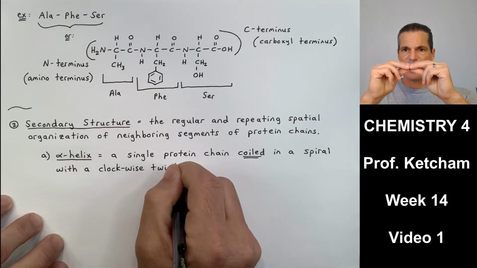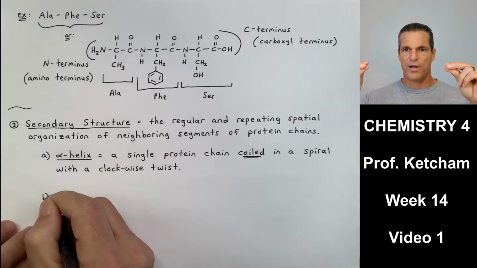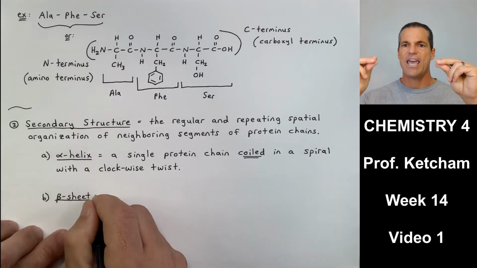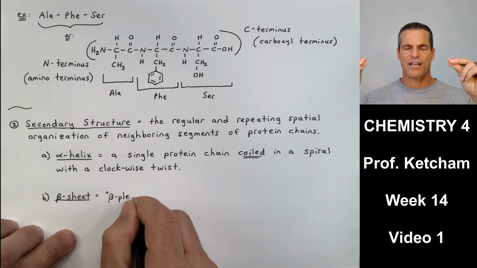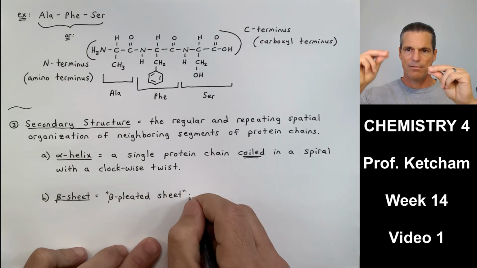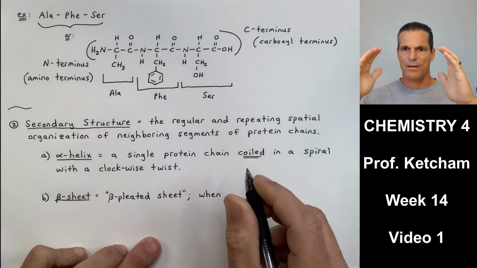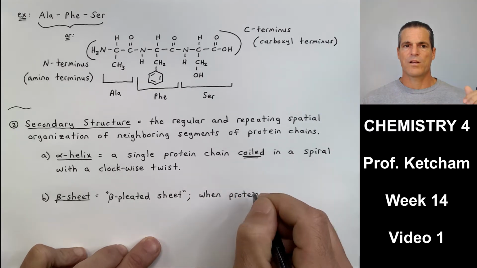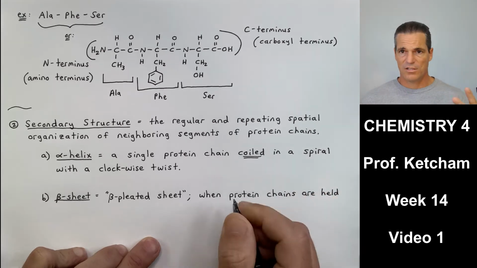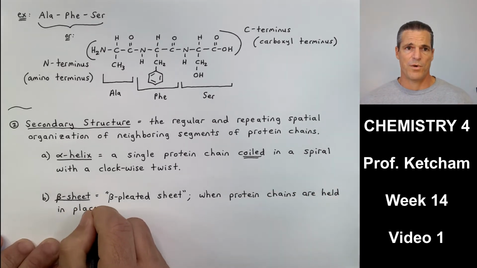If I had a long string of amino acids, primary structure, just a bunch of little AAs, amino acids linked together, if I were to instead make it go like a zigzag pattern, it's almost like an accordion. This would be called a beta sheet, or a beta-pleated sheet. These are the 2 secondary structures I want you to be aware of.